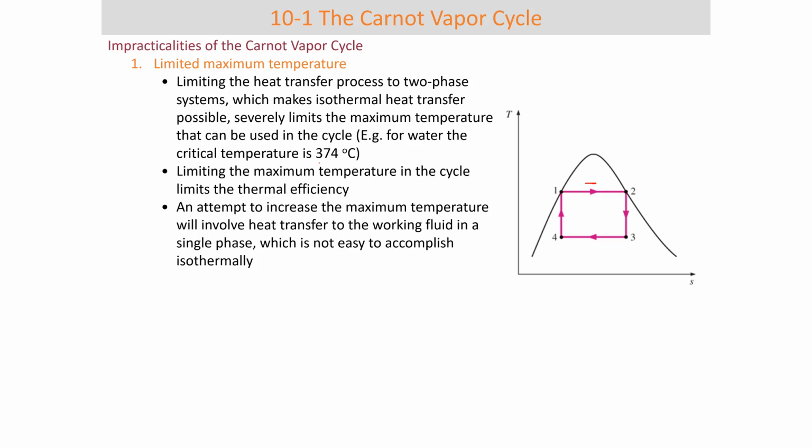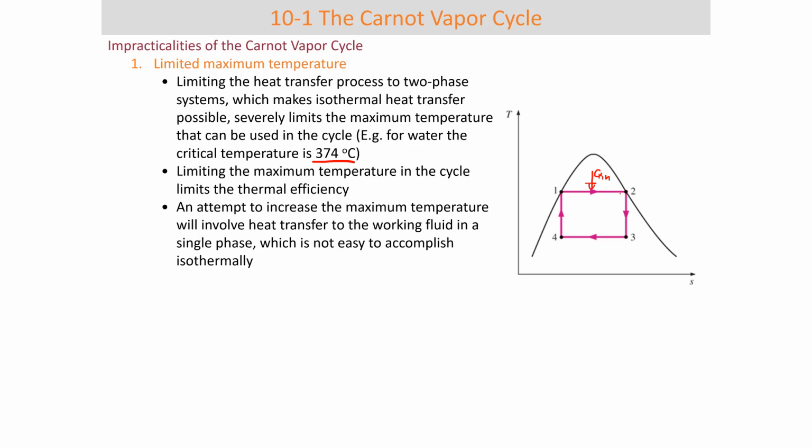Example, for water, the critical temperature is 374 Celsius, and you can't go higher than that if you want to keep it at an isothermal heat addition process during phase change, right? Meaning the temperature does not change as it changes phase from liquid to gas. So limiting the maximum temperature in the cycle limits the thermal efficiency.